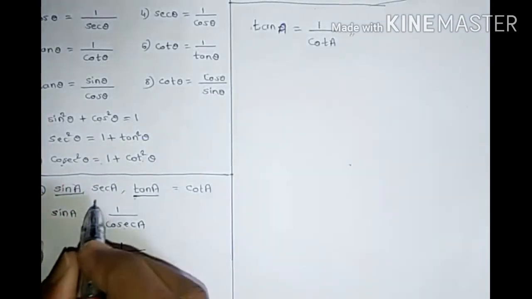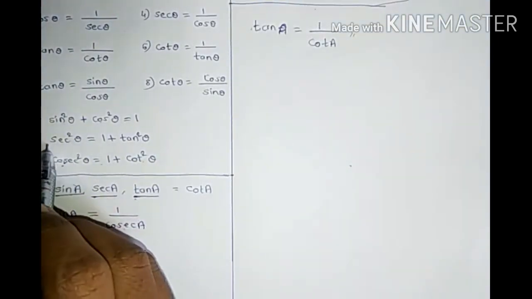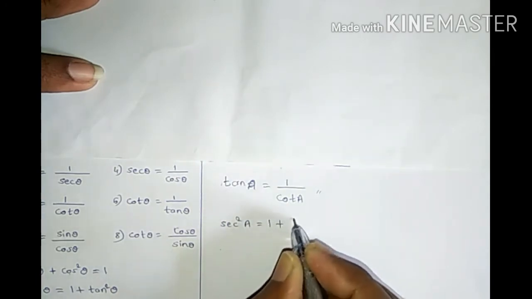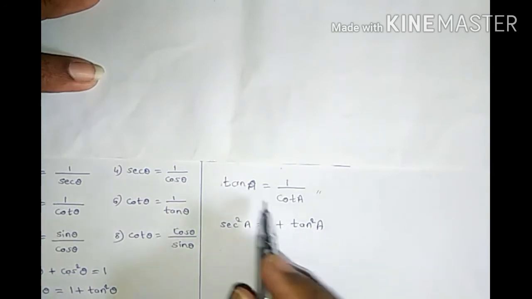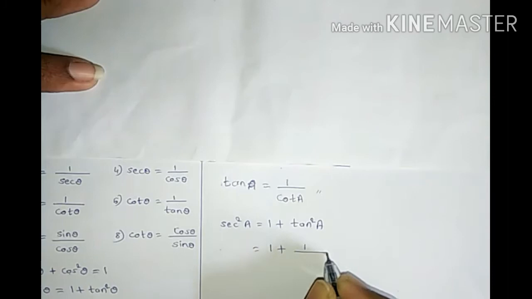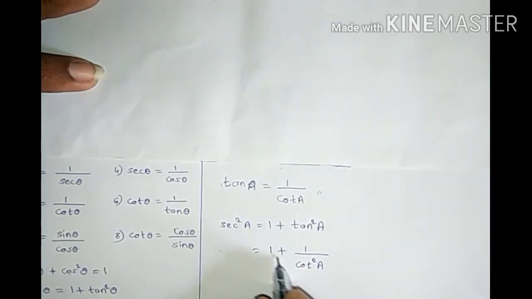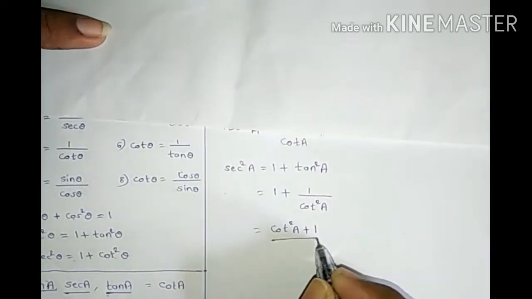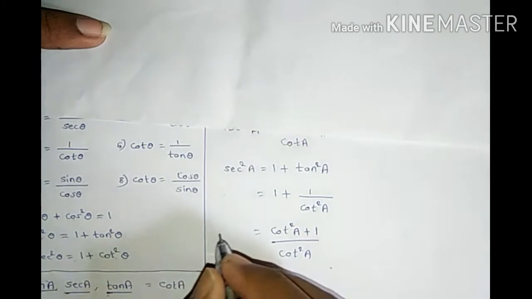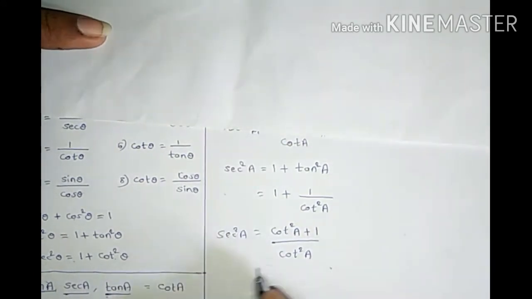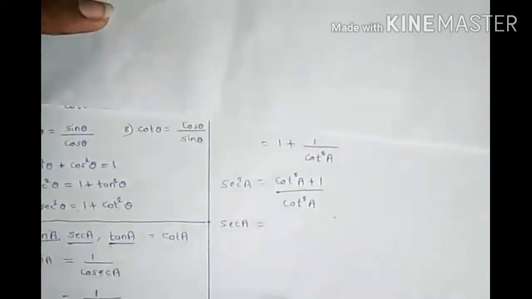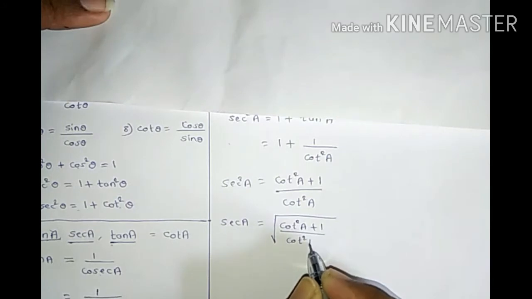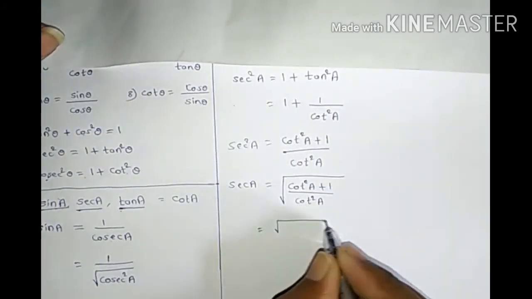Next we will solve the remaining one, that is sec A. For this, use this identity, that is sec square A equal to 1 plus tan square A. In the place of tan square A, write 1 by cot square A. Multiply 1 into cot square, it becomes cot square A plus 1 divided by cot square A. This is the form of sec square A. Move this square to the right side, it becomes square root of cot square A plus 1 divided by cot square A. Write this square root separately for numerator and denominator.